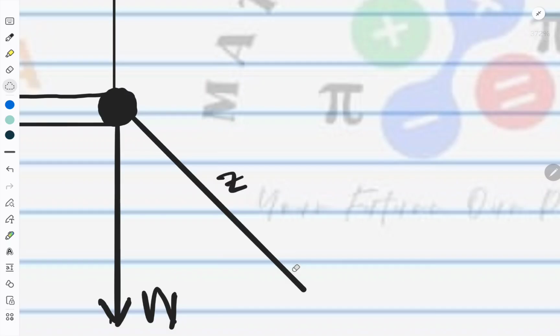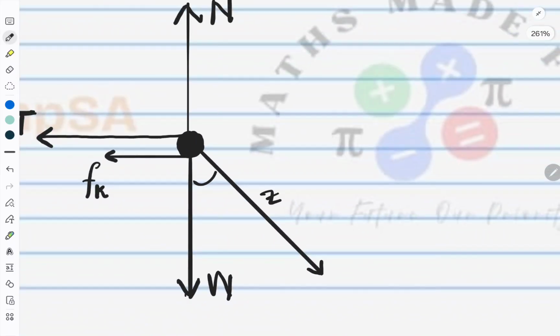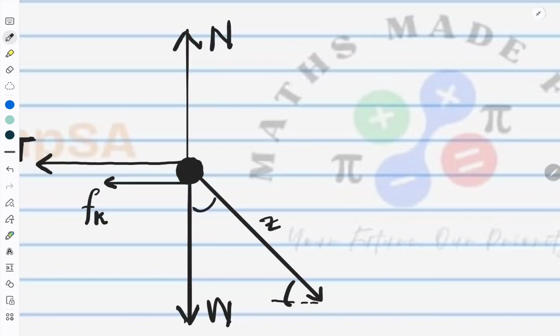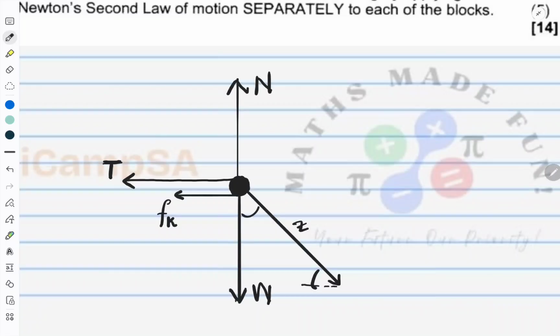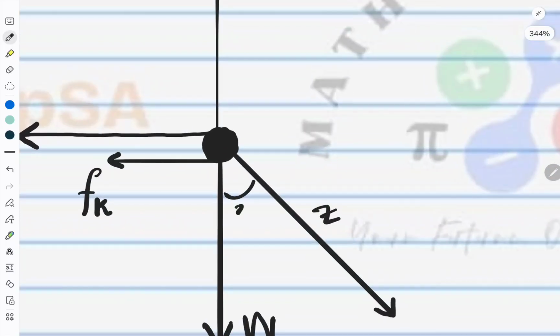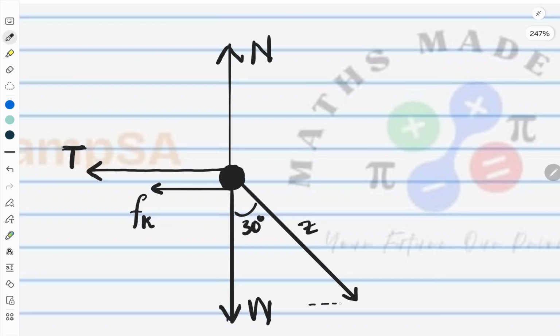So in an event where they also say introduce the angle of the force, you can put it here, but the only difference now is the one that we were given was here, which is 30 degrees. Now it does not mean that you can just simply go and put 30 degrees here. It doesn't work like that because the given angle was here.